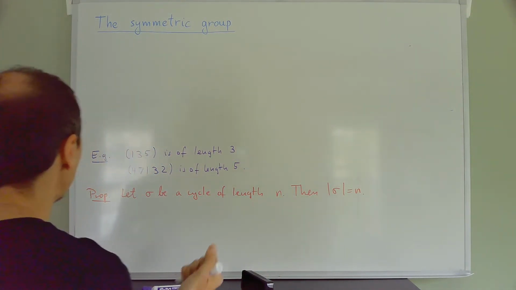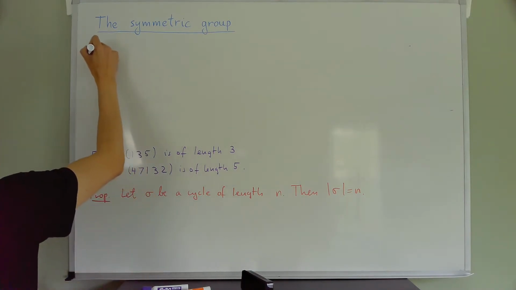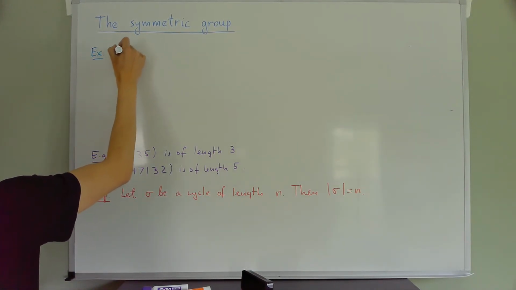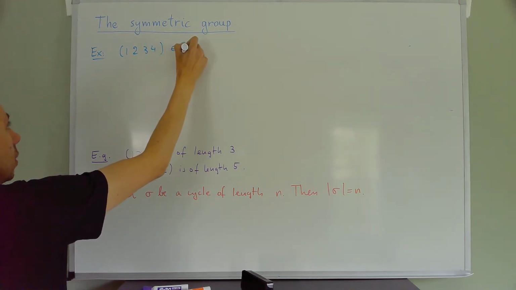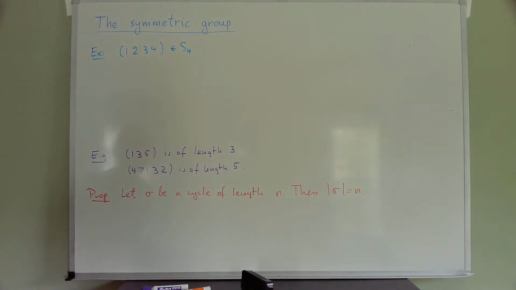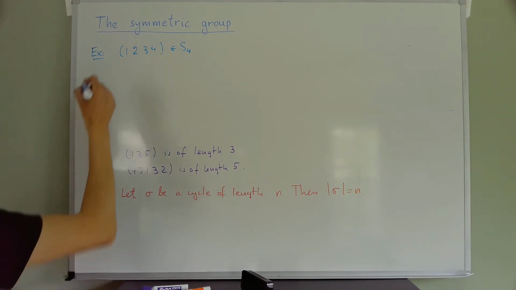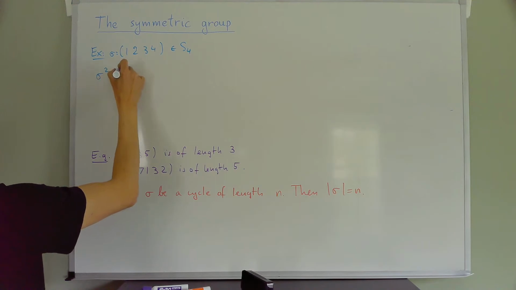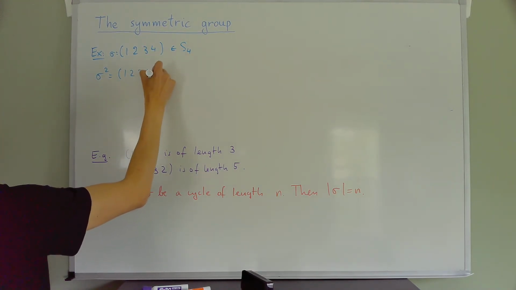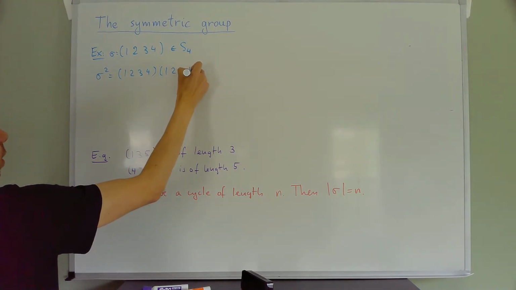So let's look at this example. Let's look at the cycle (1 2 3 4). That's a cycle that can be thought of as an element of S4. So let this be sigma, and now let's try to compose it. So sigma squared will be (1 2 3 4)(1 2 3 4).